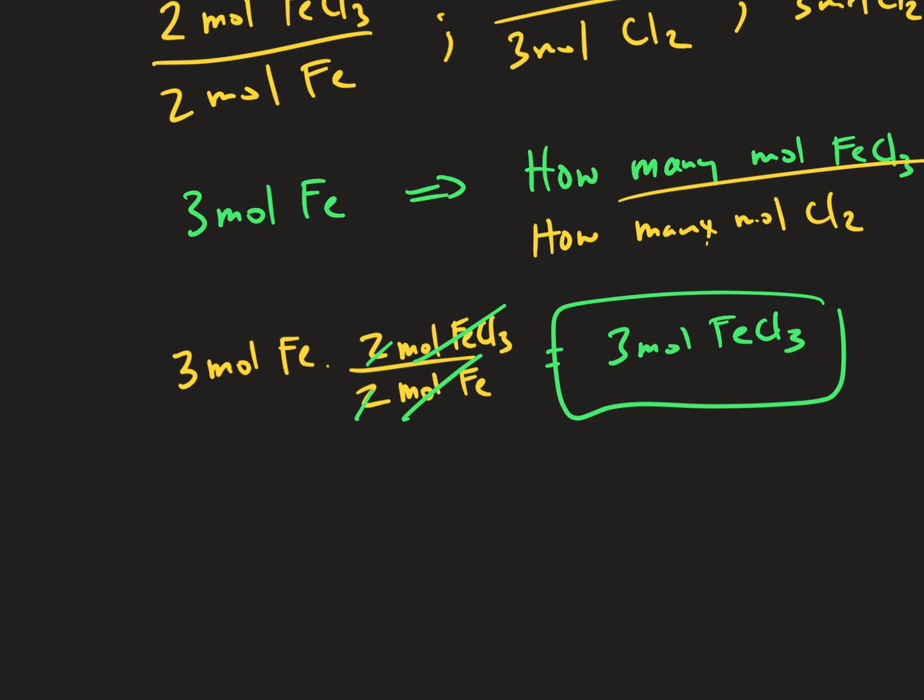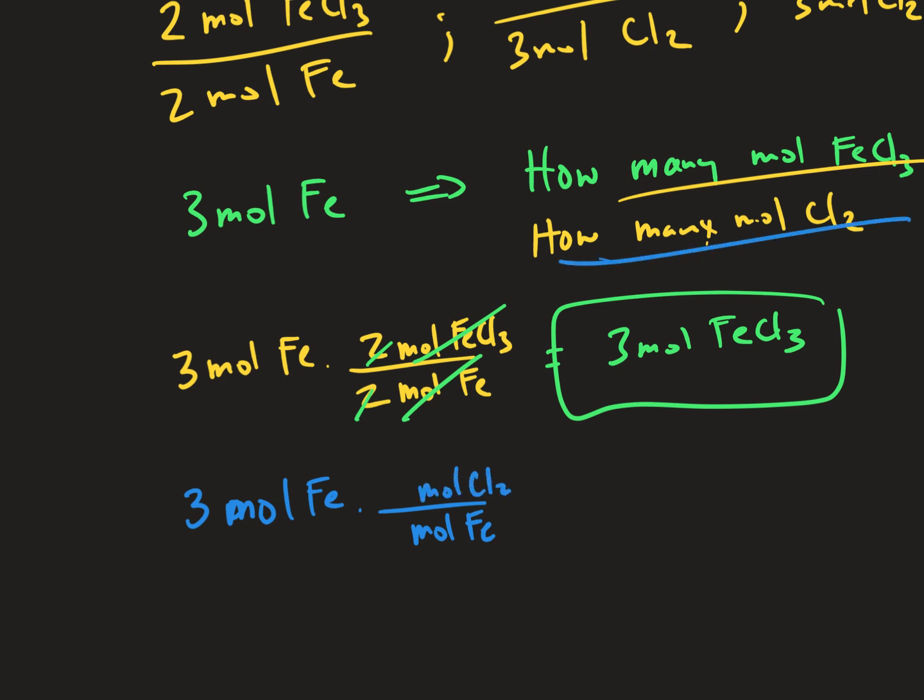We can also start with, if we know we need 3 moles of iron, we can figure out how many moles of chlorine gas we're going to also create. Even though we're starting with moles of iron, we can do this. So we don't want moles of iron, so that goes on the bottom, just like before. And we want to find out how many moles of chlorine gas we get.